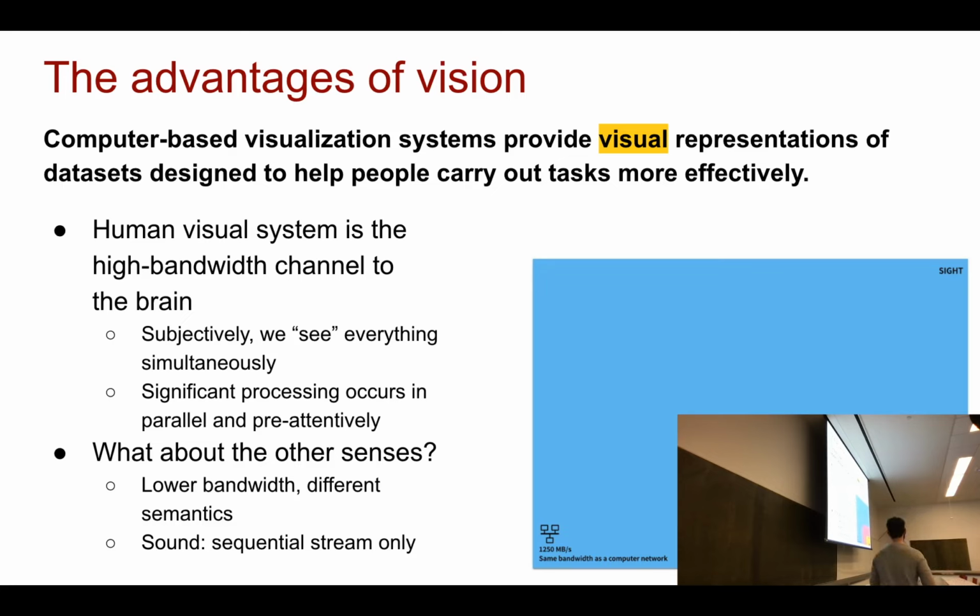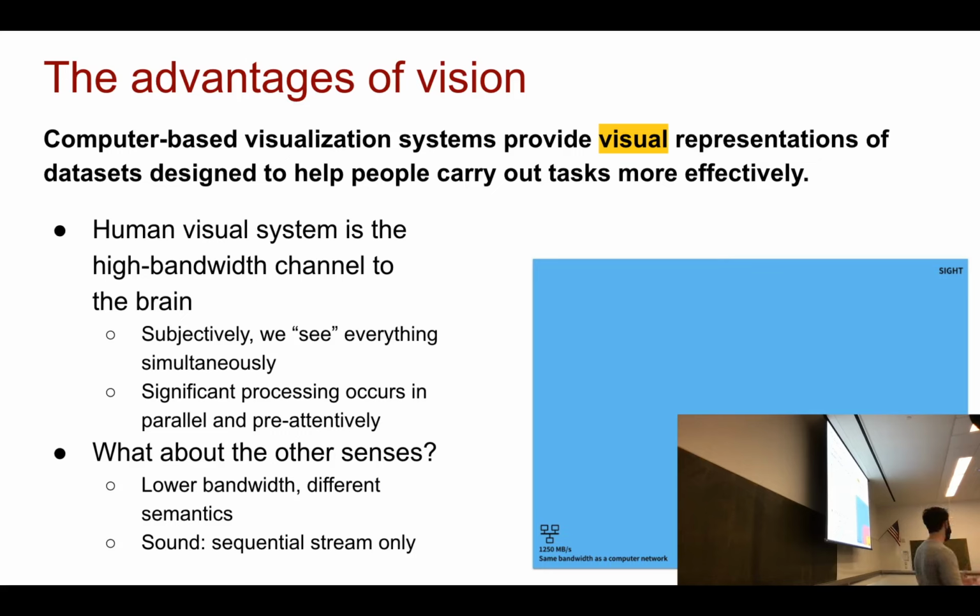If you can read the little icons here, they're using computer metaphors like a computer network and the bandwidth speed on a network. This is an old figure, so they say it's about the bandwidth of a network itself.